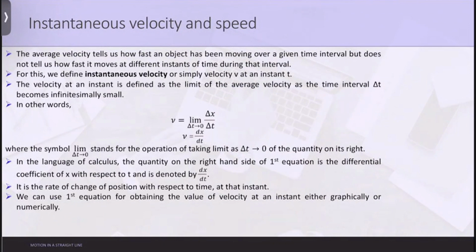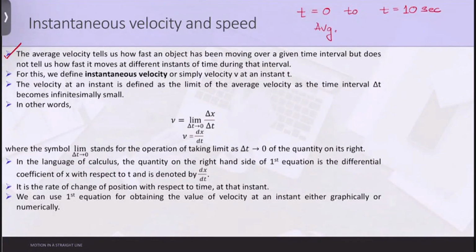The average velocity tells us how fast an object has been moving over a given time interval, but does not tell us how fast it moves at different instants of time during that interval. Let us say I have a time interval from t is equal to 0 to t is equal to 10 seconds.